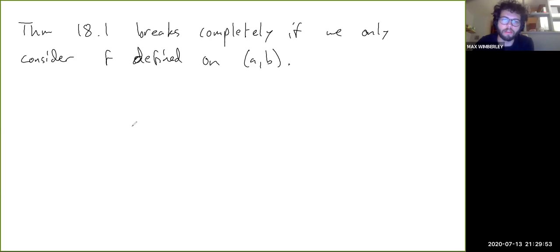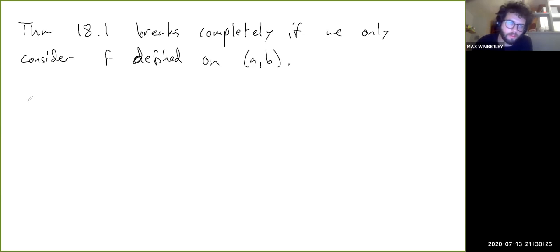It'll at least be bounded, just because it had to be bounded before you threw out A and B. But what we're saying is that if you don't know that f came from restricting any other function, if f is only defined on this open interval, then f is allowed to be not only without a max and min, it might be unbounded.